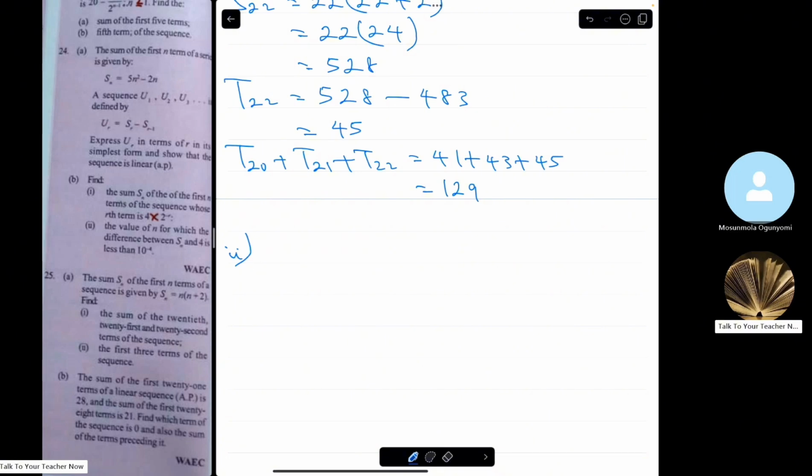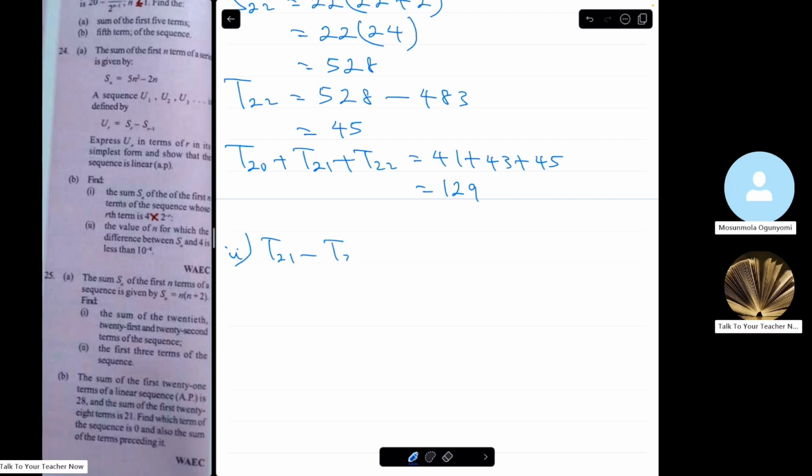Do we need to use the sum? Since we have seen a number of consecutive terms, we can tell whether it's a linear or an exponential sequence.